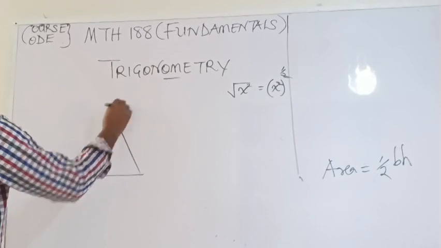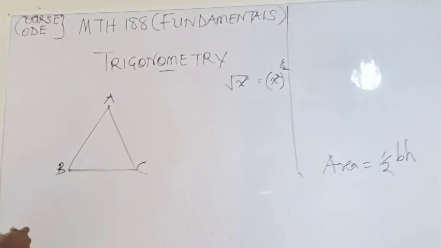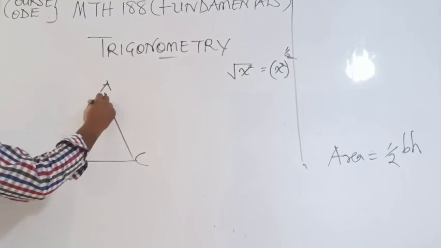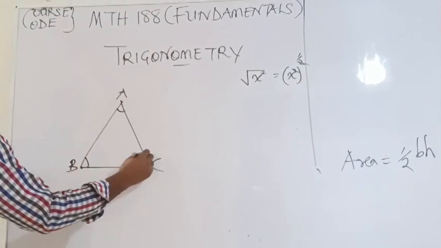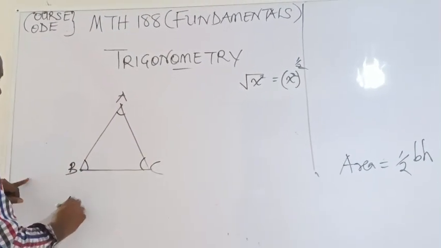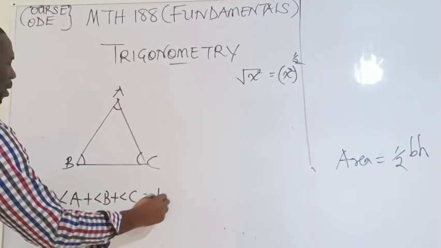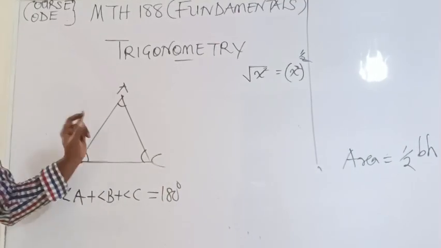I know this is angle A, angle B, angle C. What this simply implies is the sum of angle A plus angle B plus the other angle is exactly 180 degrees.